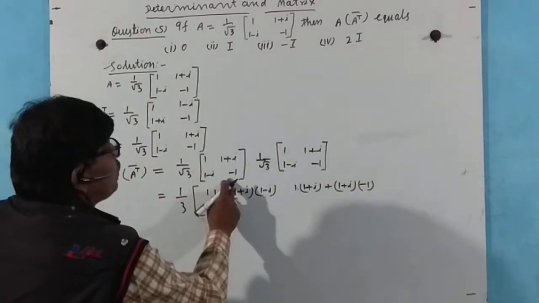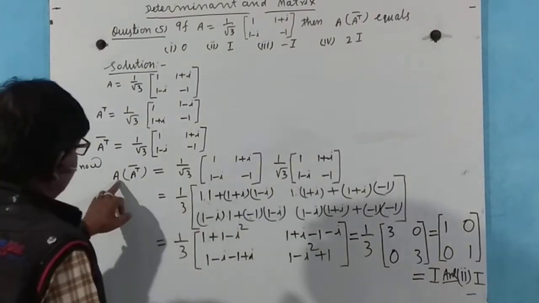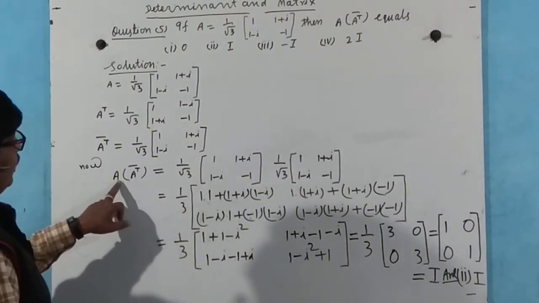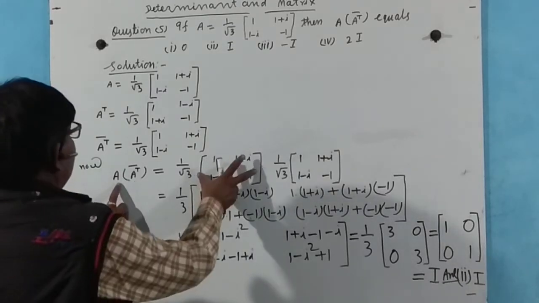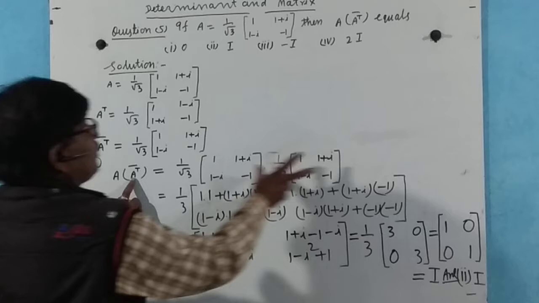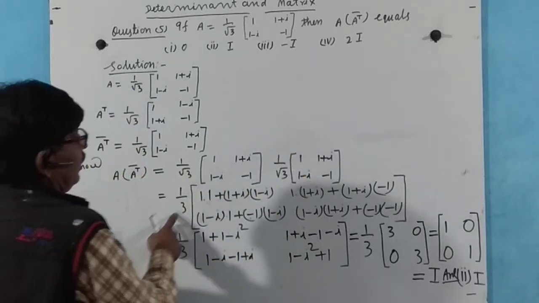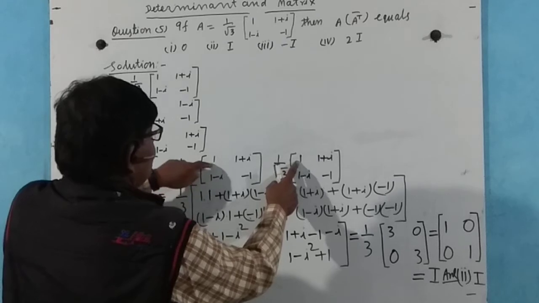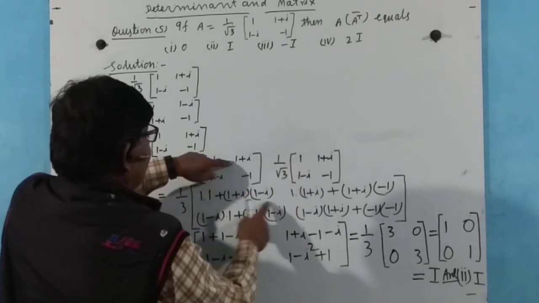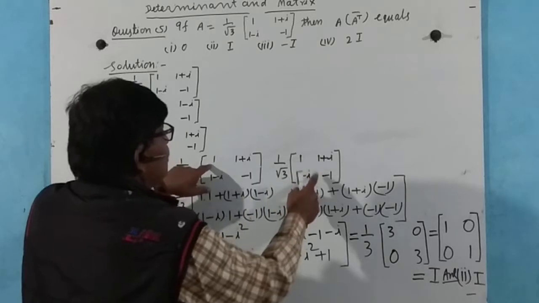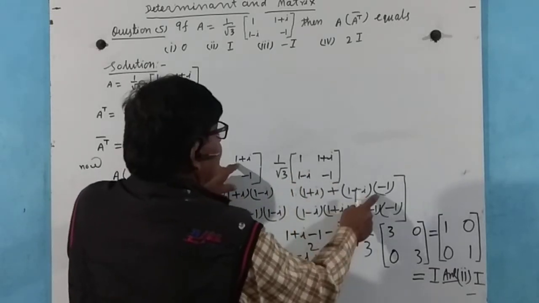Now here, the product of A and the conjugate of the transpose of A equals 1 by root 3 times 1 by root 3, which is 1 by 3, with the row by column method applied: 1 into 1 plus i and 1 minus i, and this into minus 1.